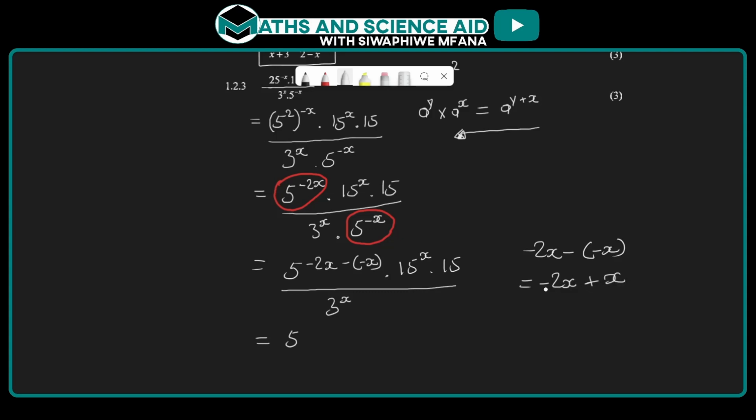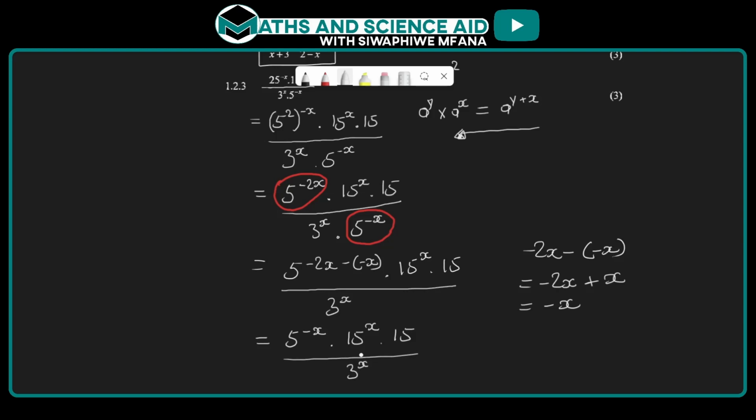And then you can see that negative 2x plus x, these are like terms, and this will be negative x. Okay? And so here for 5, we are now going to have an exponent of just negative x. Okay? And after that, we multiply that by 15 to the power of x multiplied by 15. All of this multiplied by 3 to the power of x.